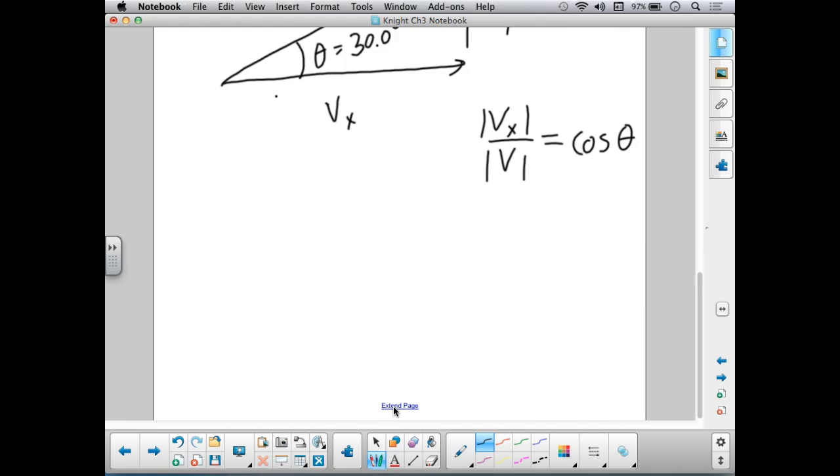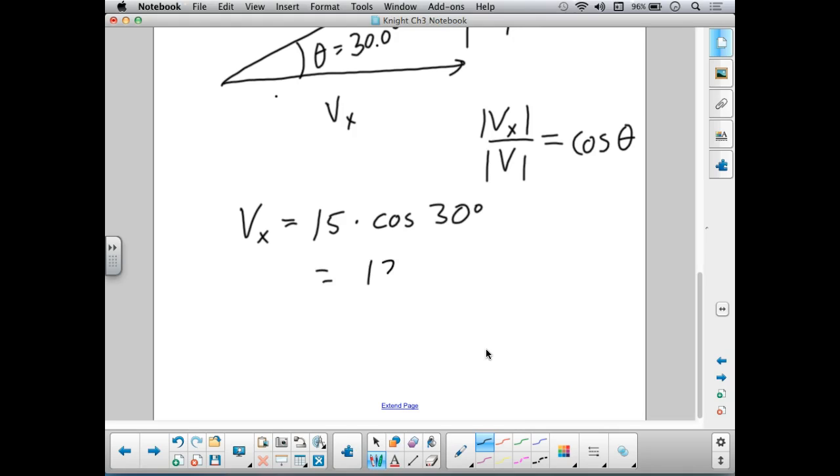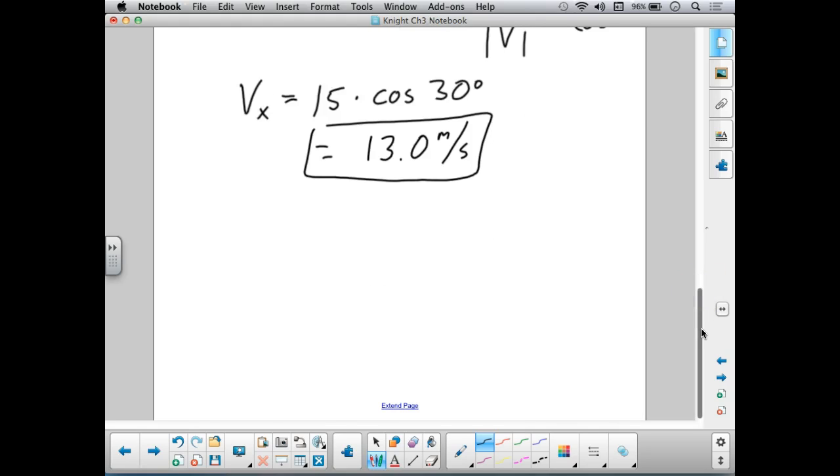So from this basic trig relation, we can set up that the horizontal component of my initial velocity, Vx, is going to be equal to 15 times cosine of 30 degrees. And if I do that out, I'm going to get 12.99, or we'll say 13.0 meters per second. This is the value of my initial velocity in the x direction, the horizontal component only.